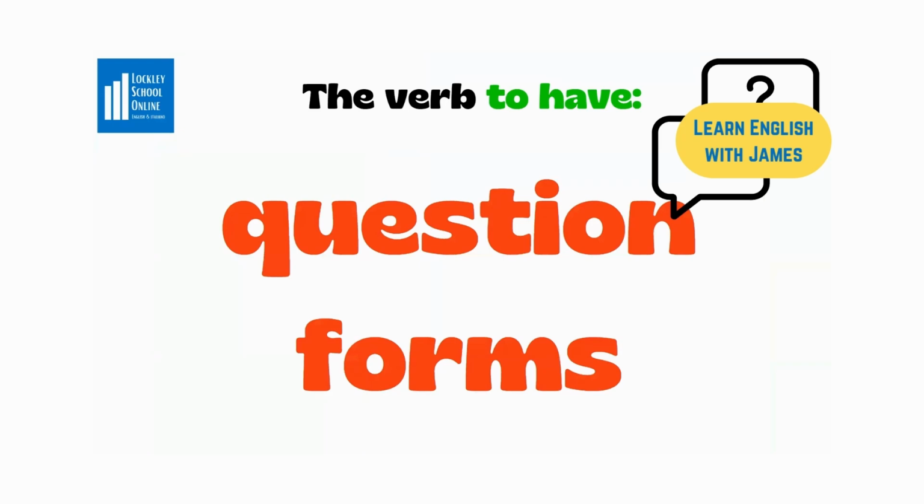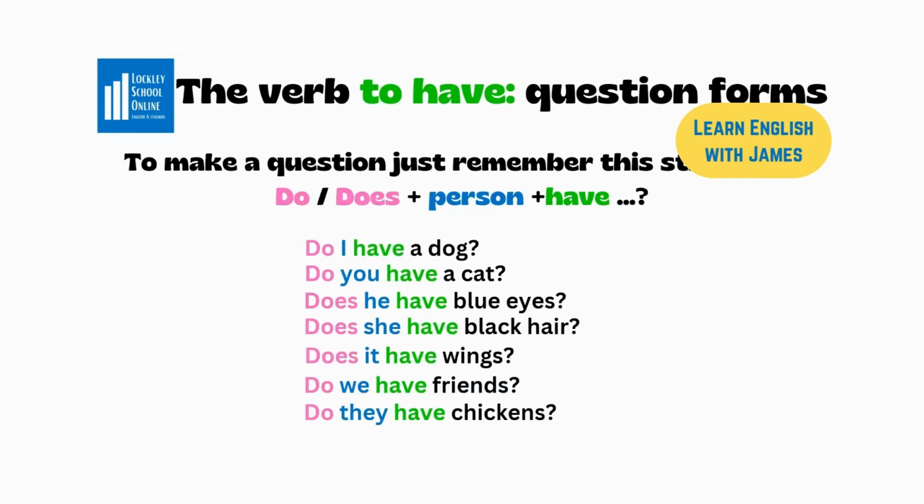How to make question forms with the verb to have. To make a question form, just remember this structure. It's do or does plus the person plus the verb to have. So do I have?